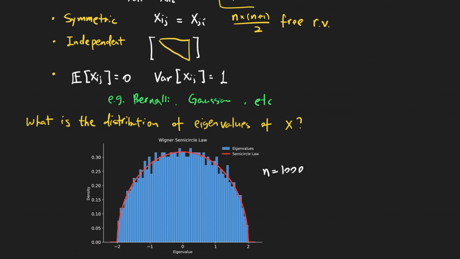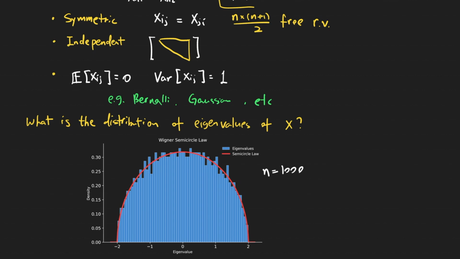And this is the distribution coming from the random Bernoulli distribution. See that it has a pretty remarkable shape. This red curve here is a semicircle. And this histogram here shows how many eigenvalues fall into this particular region. Interestingly, the distribution of the eigenvalues will converge to this semicircle. And this is exactly the Wigner semicircle law.